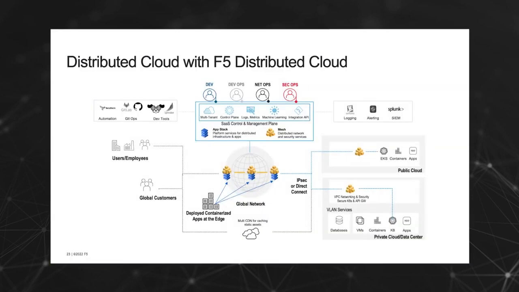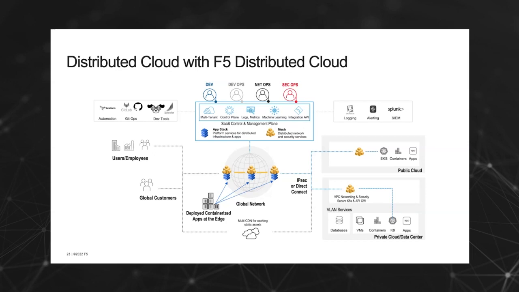Thanks, Mikhail. All right, so in just a few minutes, we went through this interesting use case around a company that has leveraged F5 Distributed Cloud to do a distributed cloud deployment. So again, from the tooling standpoint, and you can see we highlighted this in the middle, we have a common control management plane across multiple different personas, from dev to DevOps to NetOps to SecOps.